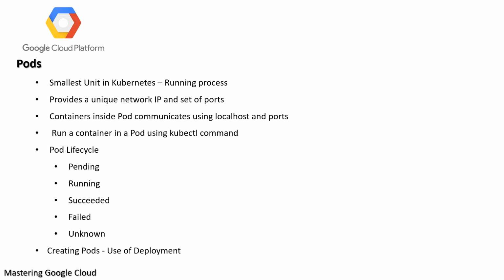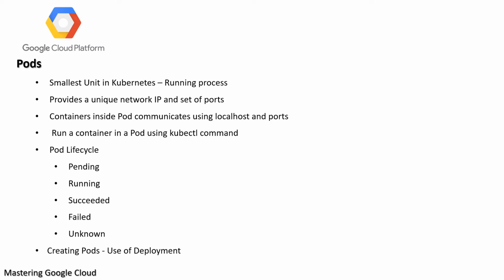A pod's lifecycle has the following phases. Pending. The pod has been created and accepted by the cluster, but one or more of its containers are not running. This phase includes time spent scheduling on a node or downloading images. Running. The pod has been bound to a node and all the containers have been created.